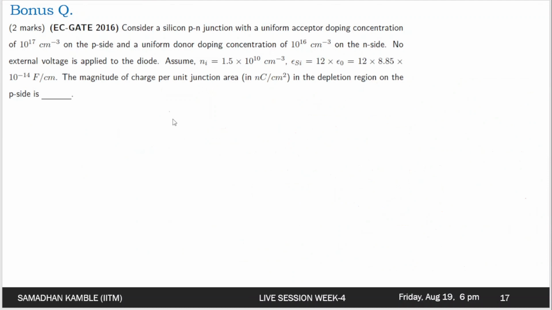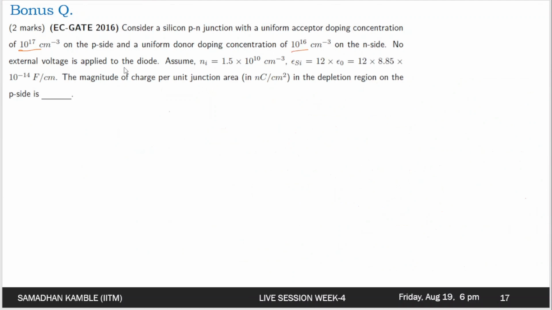Consider a silicon PN junction with a uniform acceptor doping concentration of 10 to the power 17 per centimeter cube on the P side and a uniform donor doping concentration of 10 to the power 16 per centimeter cube on the N side.